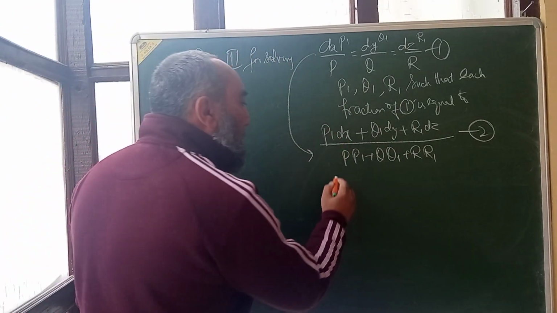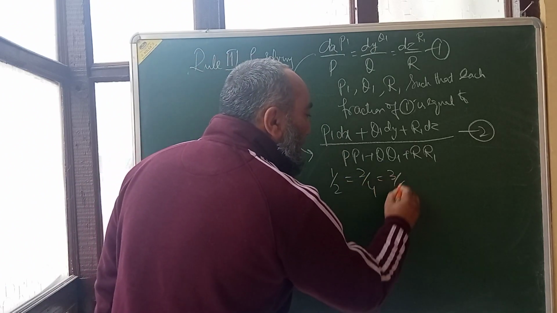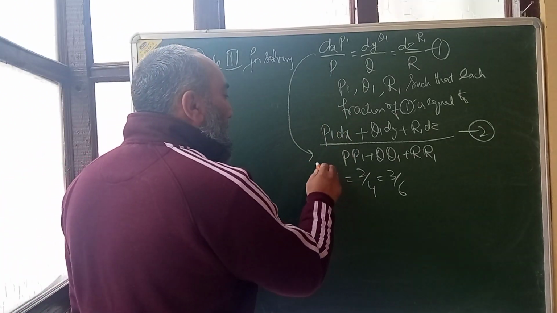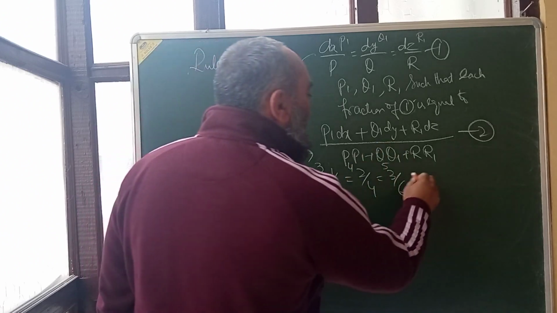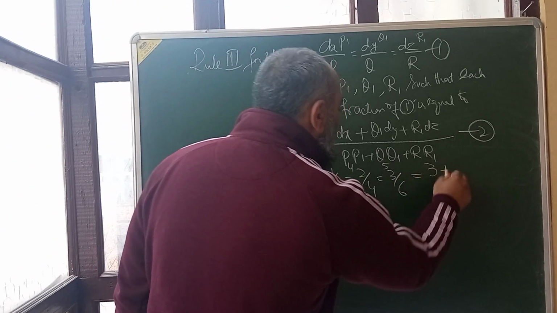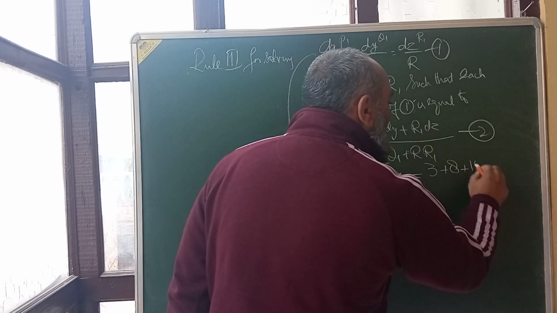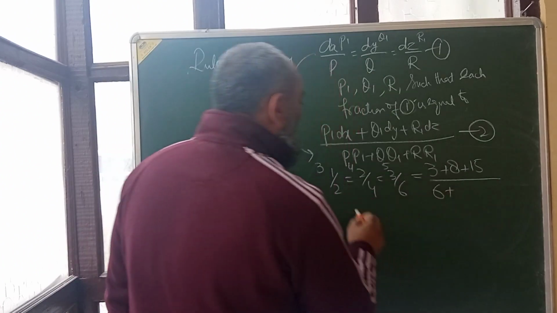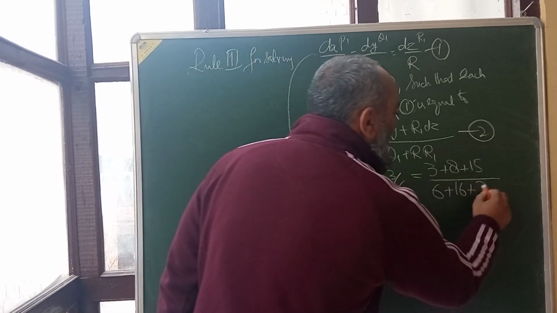Let me give an example. Suppose I have 1 by 2 equal 2 by 4 equal 3 by 6. If I choose multipliers, whatever you like, say 3, 4 and 5, then each fraction is equal to 3 into 1, 4 into 2, 8, 5 into 3, 15, over 3 into 2, 6, 4 into 4, 16, 5 into 6, 30.